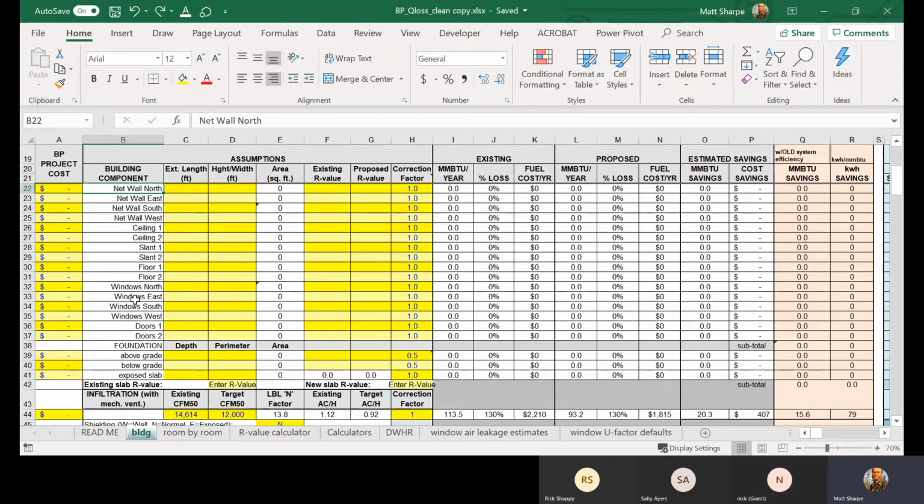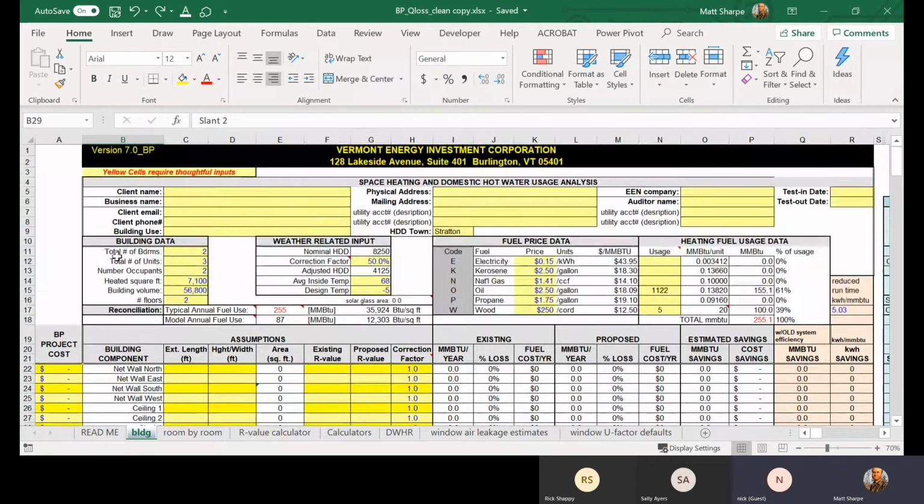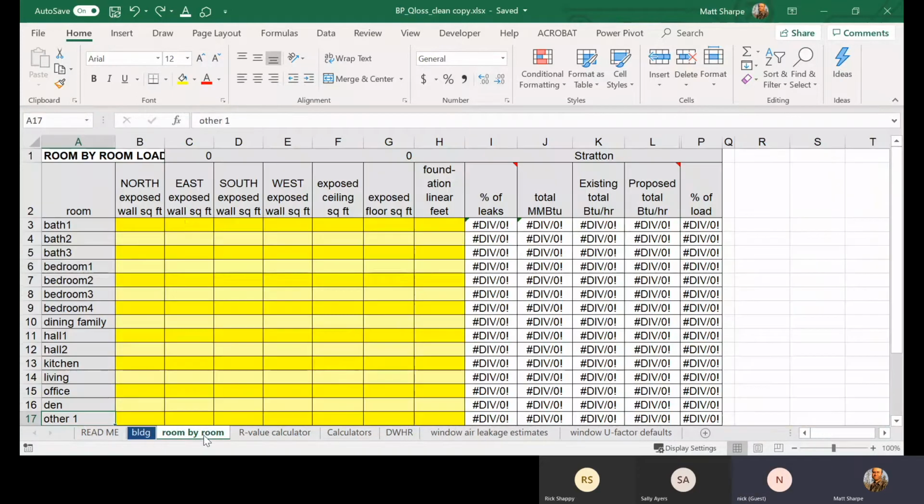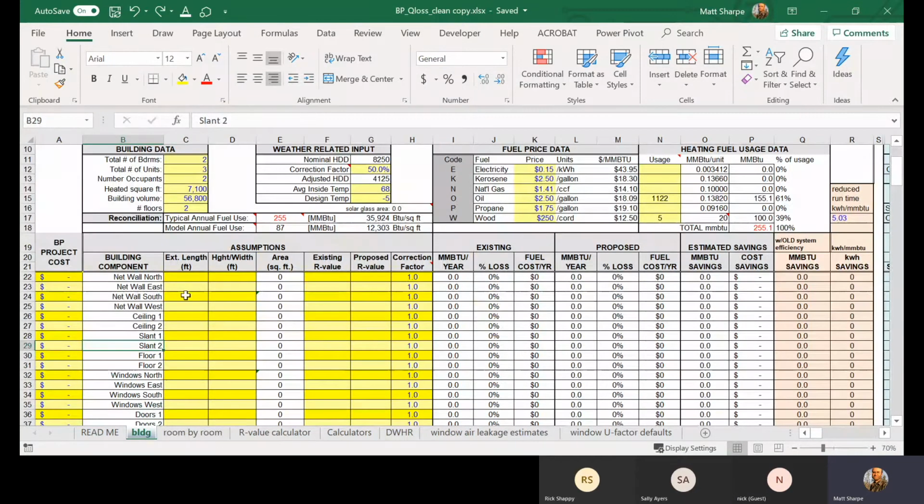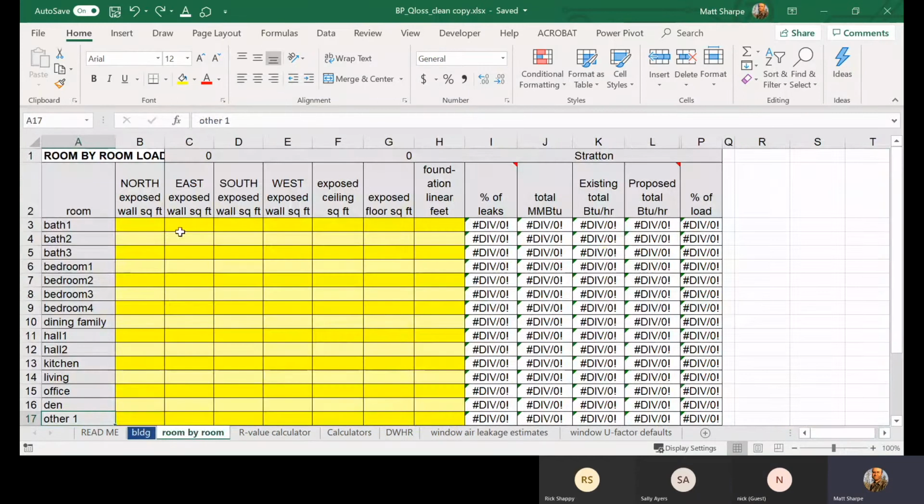I'll get into a couple different ways to use QLOS that would make it a little easier or a little more comprehensive, depending on what you're going after. Before I get into that, just the tabs below. QLOS does have a room-by-room heat load estimator. It is based on the inputs you put in here about the building, and then on the room-by-room page, you go into detail, and you can rename these to whatever rooms you want.